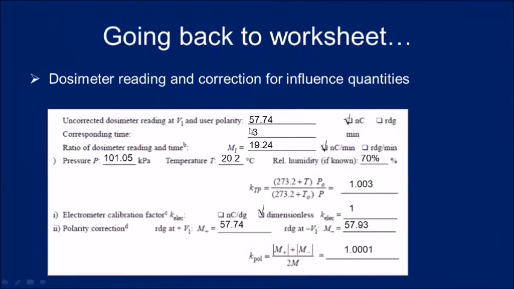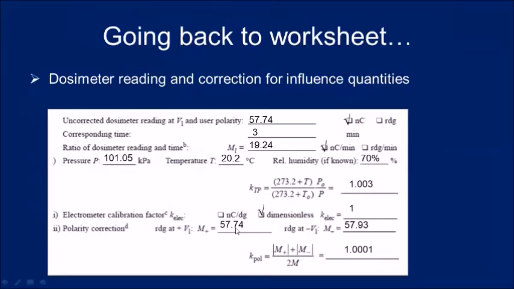Going back to the worksheet, now for plus 300 volts, this is the meter reading, and I did it for 3 minutes. So per minute, the nanocoulomb per minute is 19.27, and I noted my pressure and temperature, and we calculated the pressure temperature correction as 1.003. The electrometer was calibrated with the ion chamber, so the factor is 1.